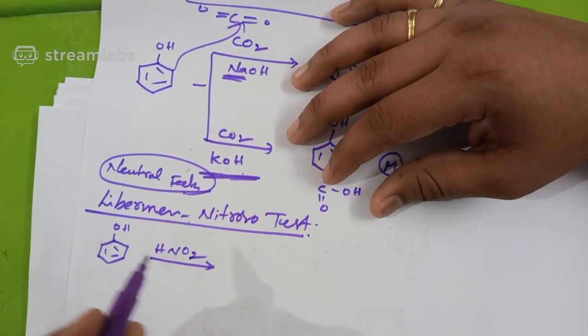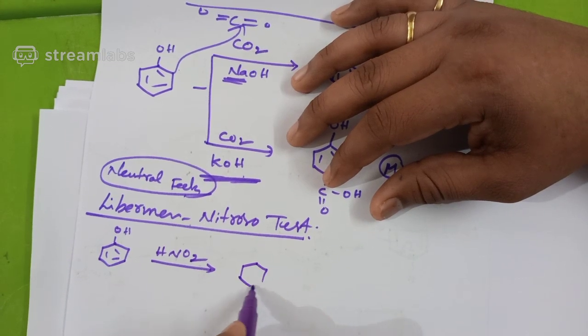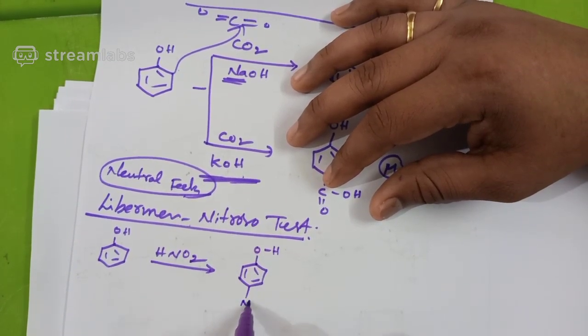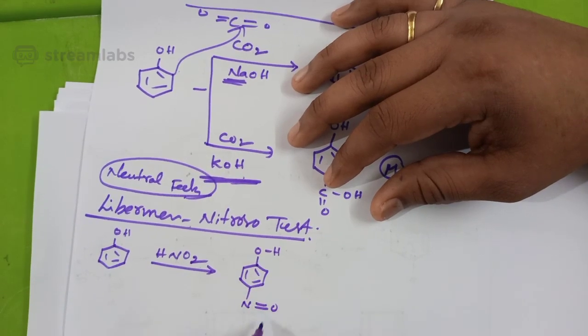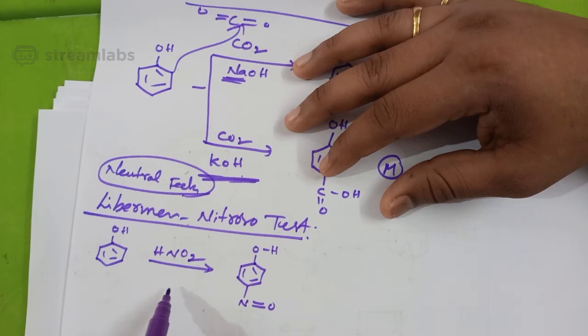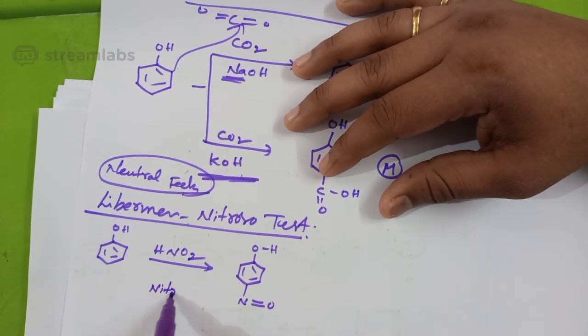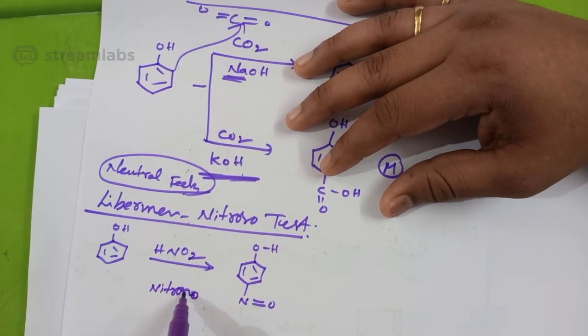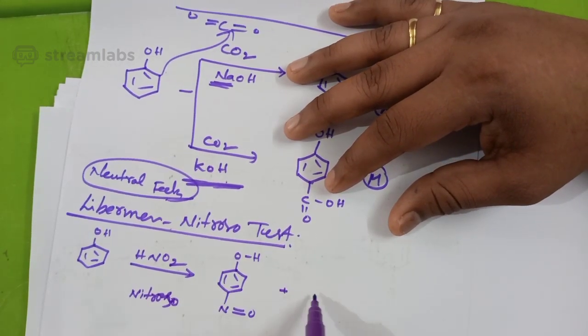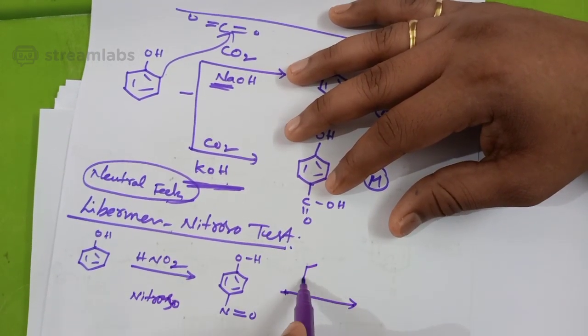HNO2 gives then what? NO. And the major product has NO at the para position, with OH here, because it is more involved in the tautomeric form. That's a para nitroso. The NO group is called a nitroso compound. Nitroso. Now again this compound reacts with another mole of phenol.